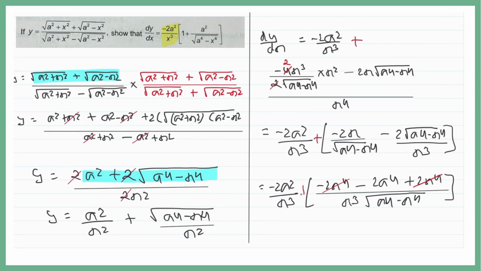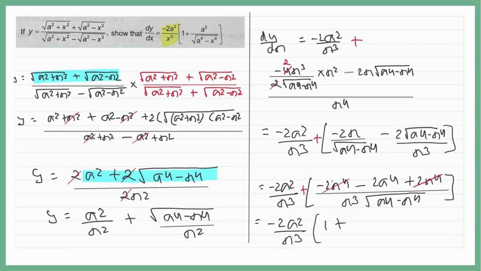Now if I take common from the remaining term, I can take out negative 2a²/x³. I am left with 1 over here, and this is plus because minus is taken common.